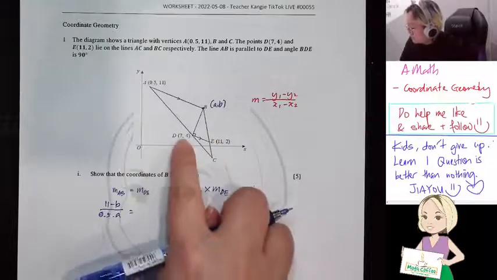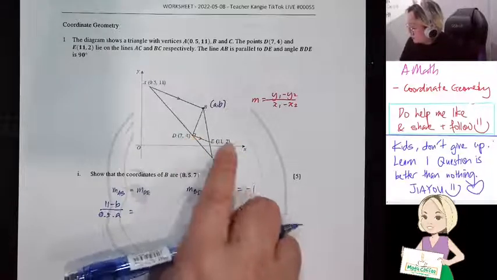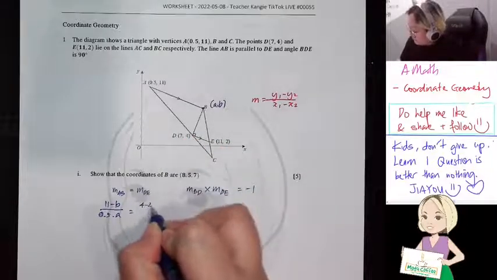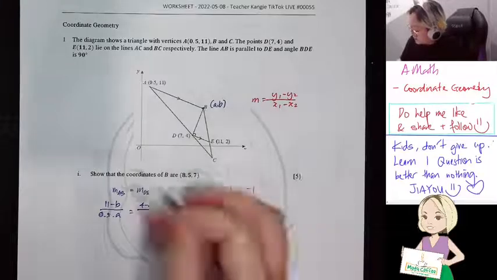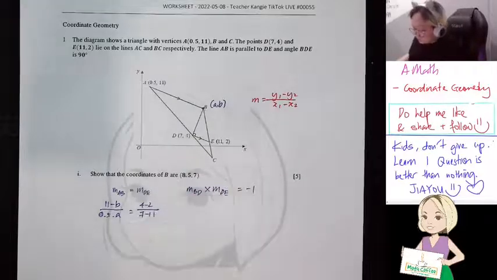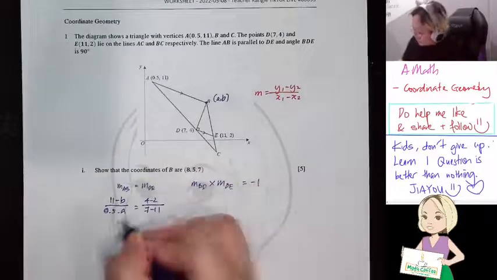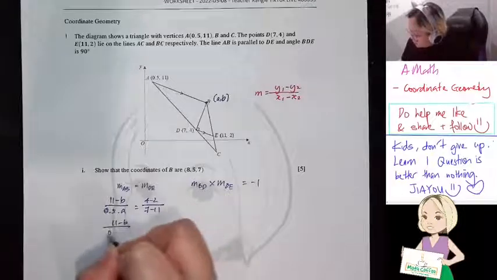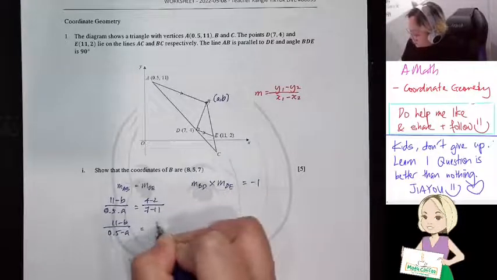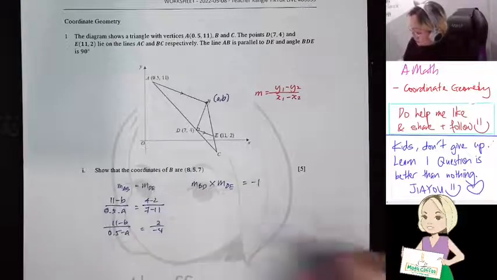DE is here, I have my full coordinates. (4 - 2) over (7 - 11). So I will have (11 - b) over (0.5 - a) equals 2 over -4.